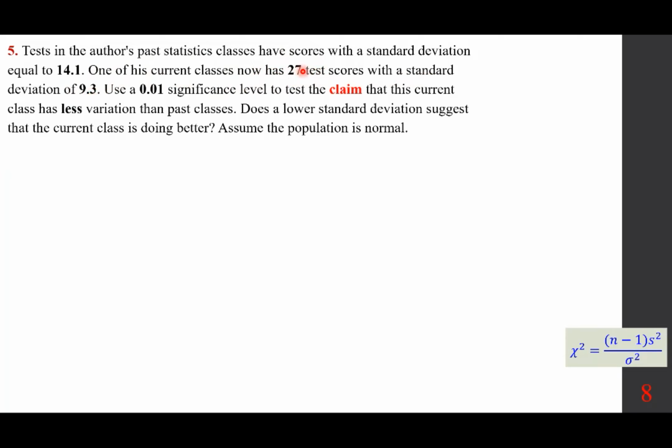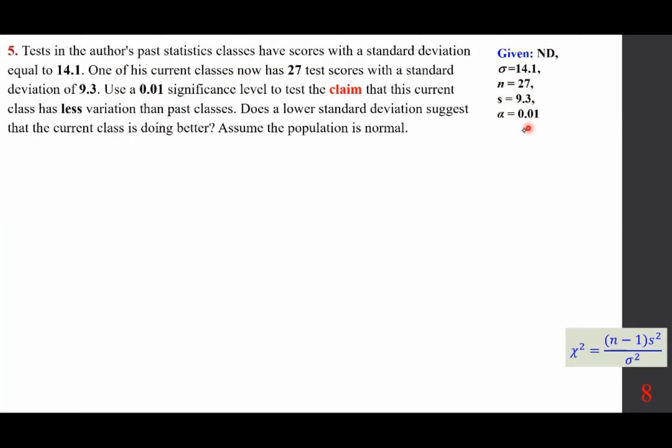So for those 27, the standard deviation is 9.3, which makes this s. Alpha is 0.01. And we are testing the claim for either the standard deviation or variance, which makes no difference. So: normal distribution, sigma is 14.1, n is 27, s is 9.3, alpha is 0.01.